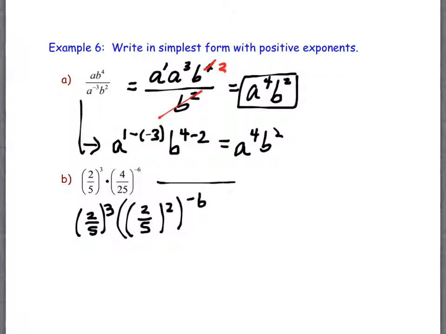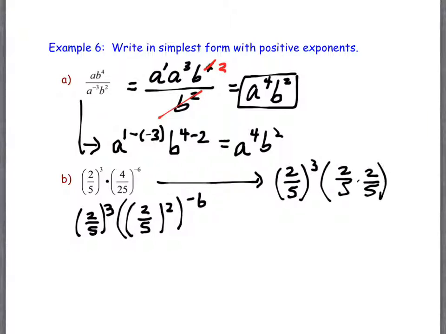Another way you could think about it, if you don't like how I did the squares, is you could write it like this. Do you like that any better? It's the same thing. So 4 over 25, we could factor into 2/5 times 2/5. All I did is I said, how do I get 4? Well, it's 2 times 2. How do I get 25? Well, it's 5 times 5.